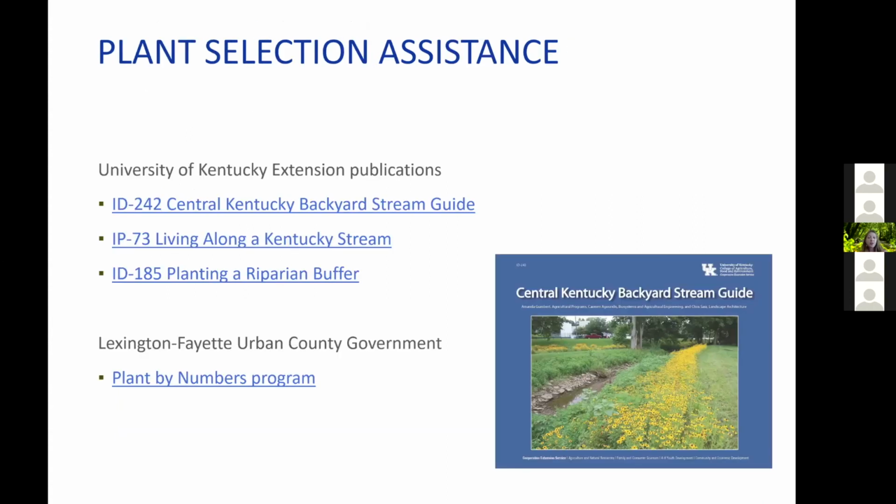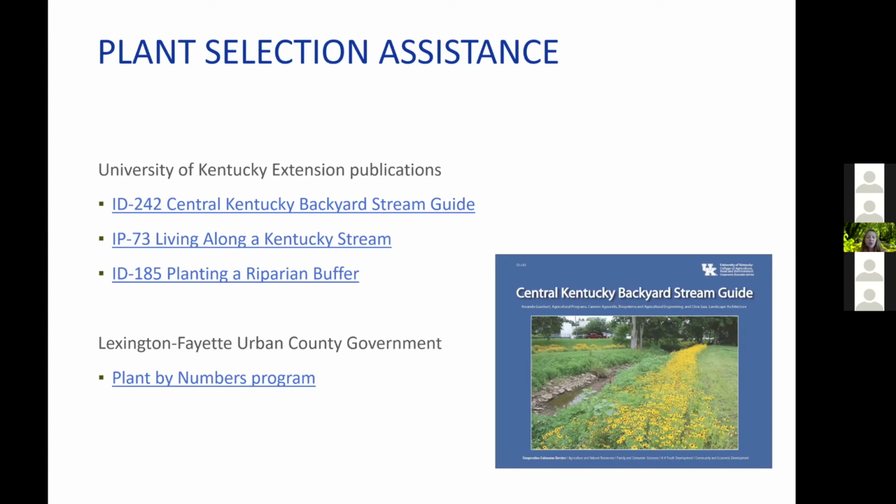So in terms of plant selection, here's some of the publications that we've mentioned. I think you probably have seen these links before, but also these are University of Kentucky Extension publications. The Central Kentucky Backyard Stream Guide, don't be deterred by the fact that it says Central Kentucky.